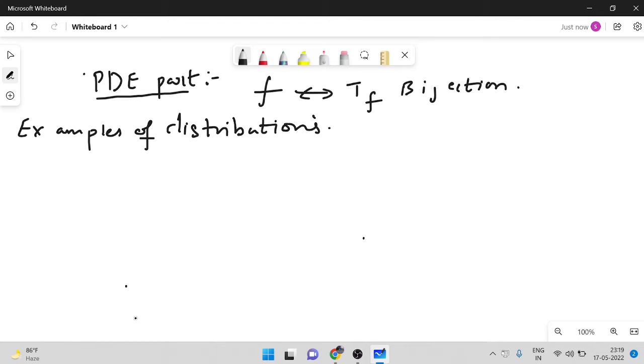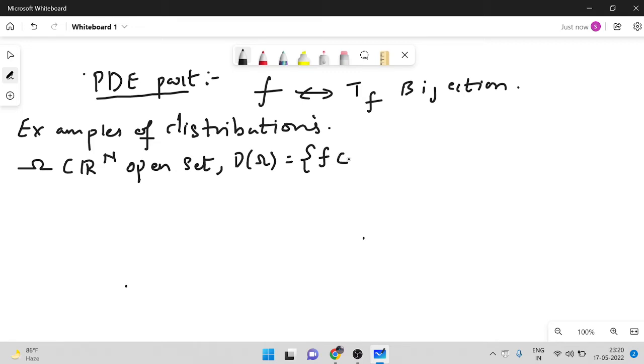Just recapping: omega in Rn is an open set, and d of omega consists of all functions that are infinitely differentiable and whose support is compact.